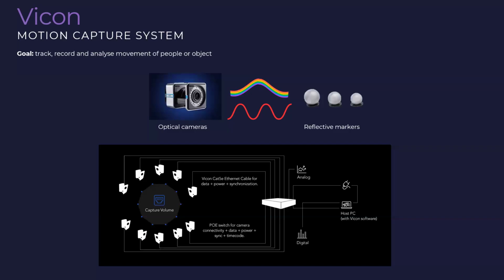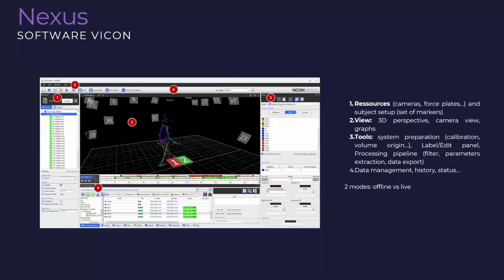We are using the Vicon software, which is called Nexus, and we can analyze the data and see in real time the different graphs for the force plates, for example. The cameras are linked to the GigaNet, but the force plates are also linked to the GigaNet, so we can see everything on Nexus.